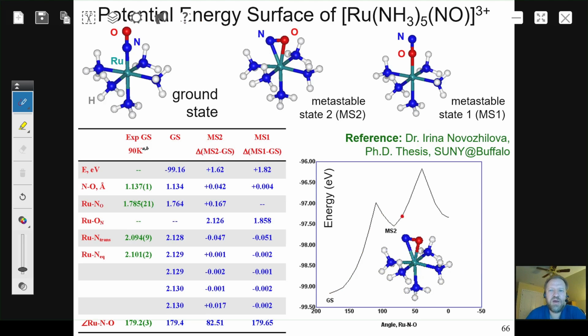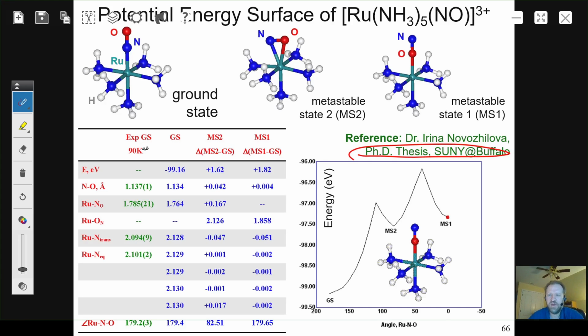Now in this diagram, I'm actually showing a slide from a PhD dissertation of my wife, who defended her PhD in physical theoretical chemistry from University at Buffalo quite a few years ago. So they were studying theoretically the ruthenium nitrosyl compound. So you have ruthenium metal in, as you can see, octahedral coordination.